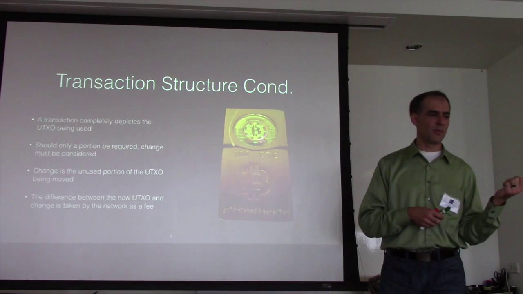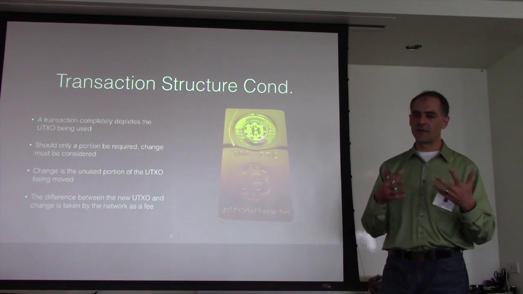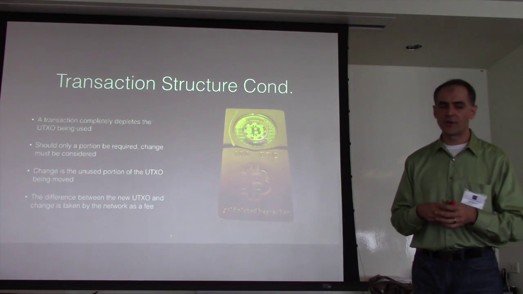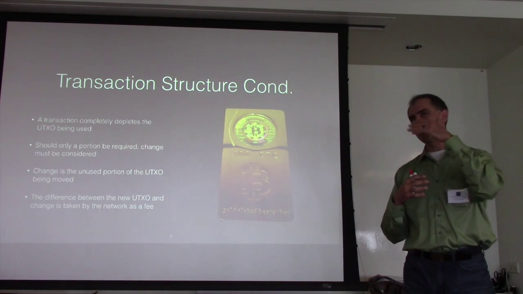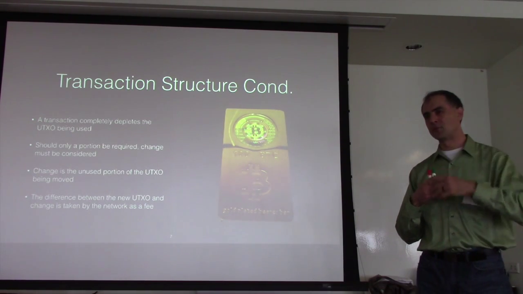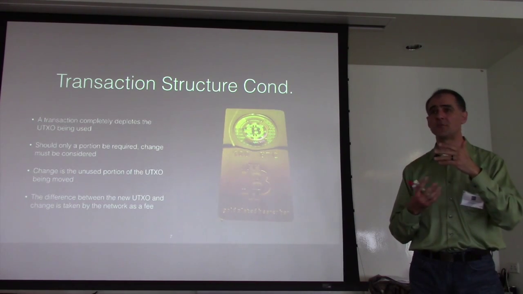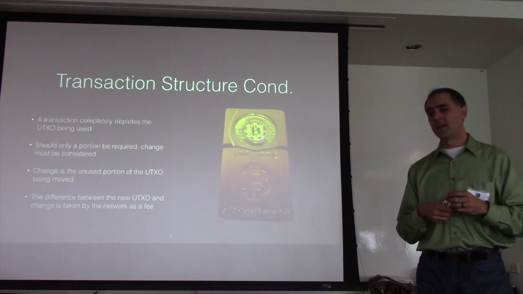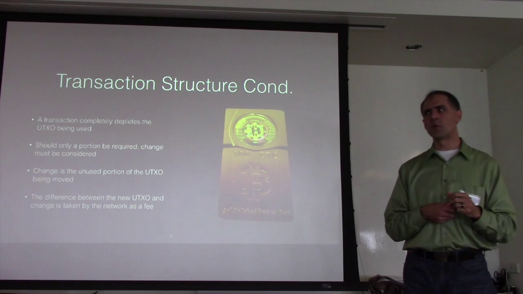About a week ago, there was a concerted effort to stress the Bitcoin network to see how it behaves. And sure enough, it looked like transactions with fees were processed a little bit faster, and those without a fee took considerably longer. So I think you're going to see more and more of that.